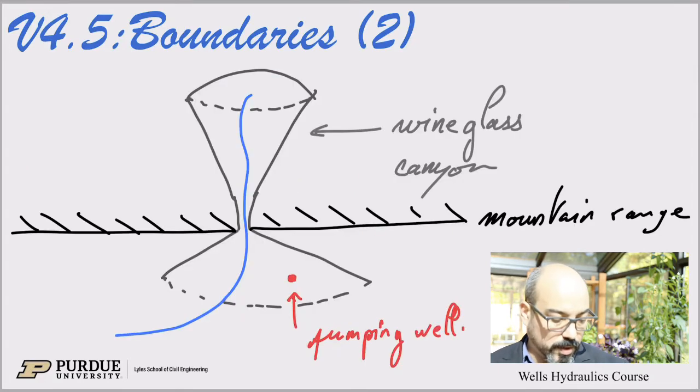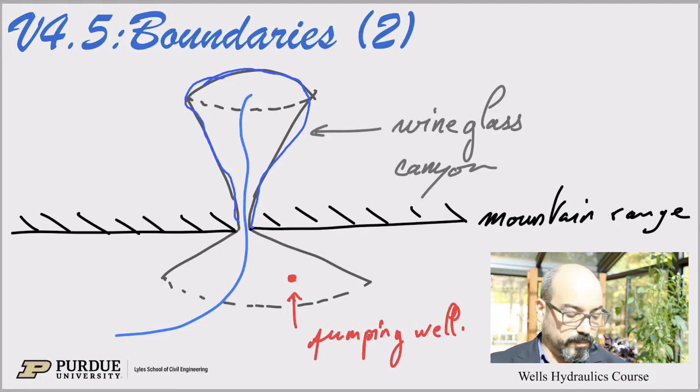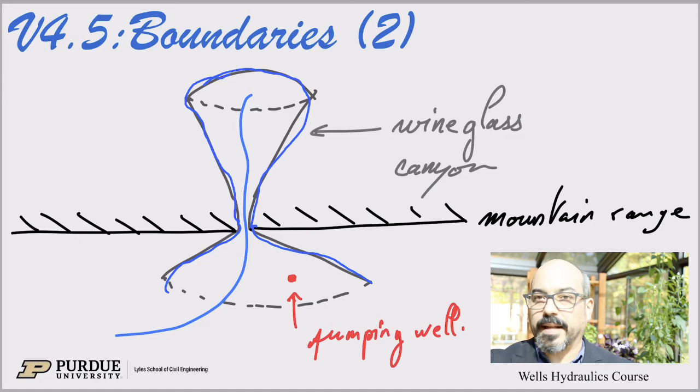Some of these shapes are sometimes called wine glass canyons because when you sketch them, they sort of look like a wine glass, I guess. So that would be the canyon or the valley where the stream is taking its water when it rains, and then the sediment, and this is the alluvial fan at the exit.